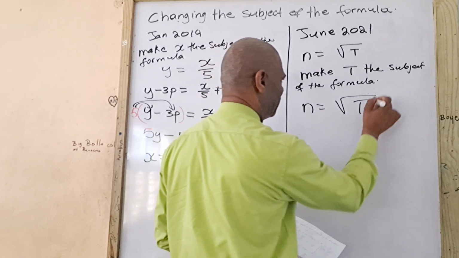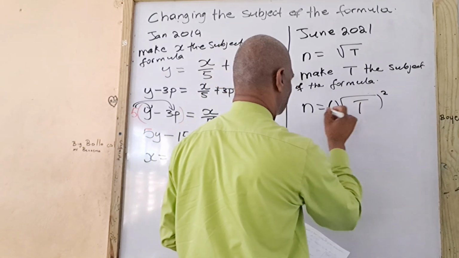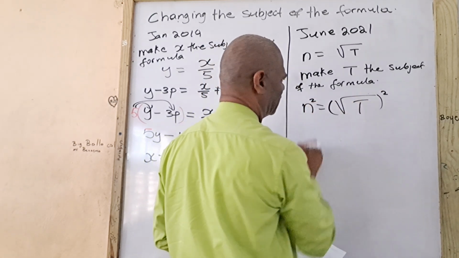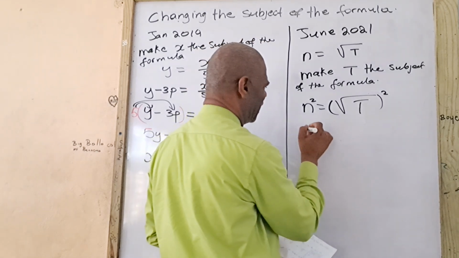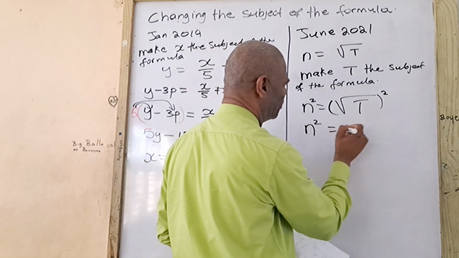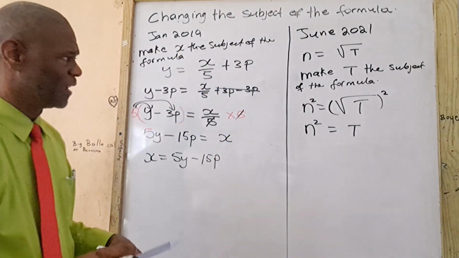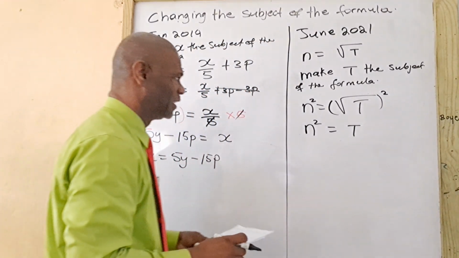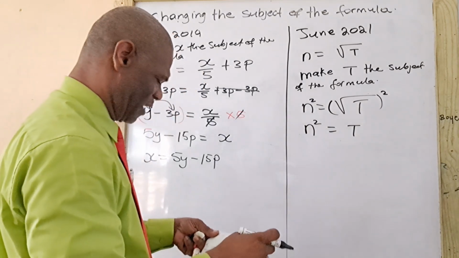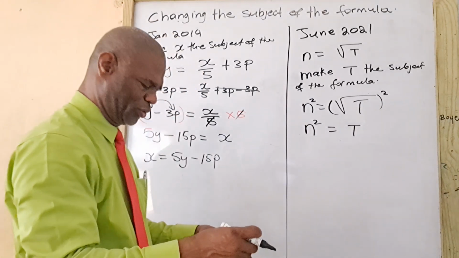So we have now n squared equals t, and that's the answer. n squared is equal to t. Okay, that was June 2021.